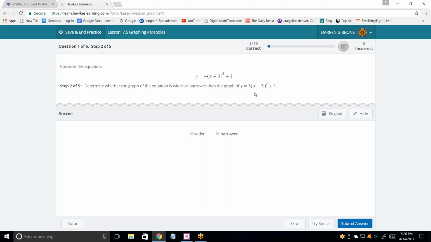In other words, if I had this function at the top and compared it with this function below it, which one is going to be skinnier? The top one. Actually the bottom one, because of that 3. That 3 right there is a vertical stretch factor.